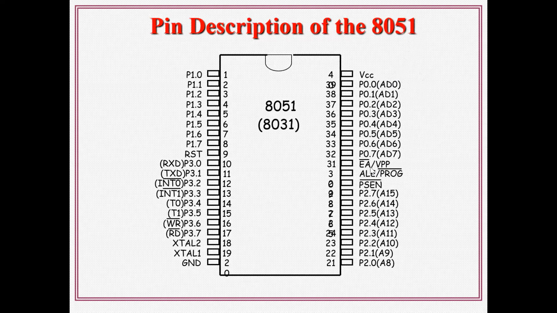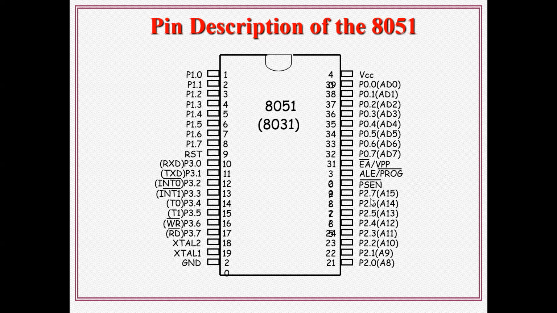EA bar indicates external access, which enables or disables the internal access or external access. The next one is ALE or PROG bar. ALE indicates address latch enable, and next is PSEN bar, program store enable bar, which is an active low signal.